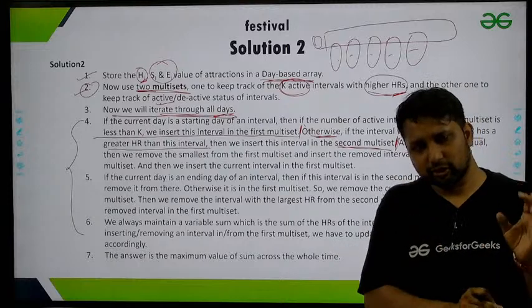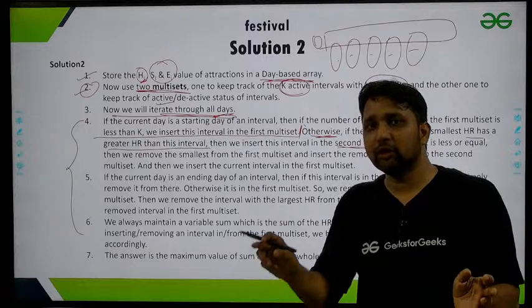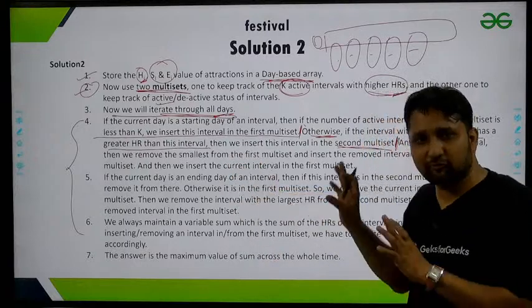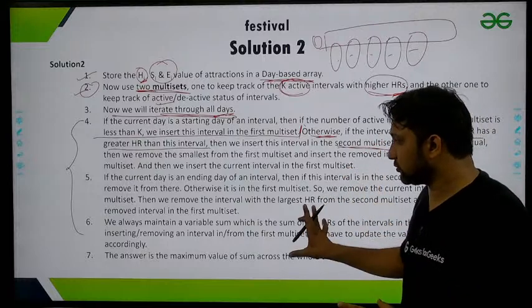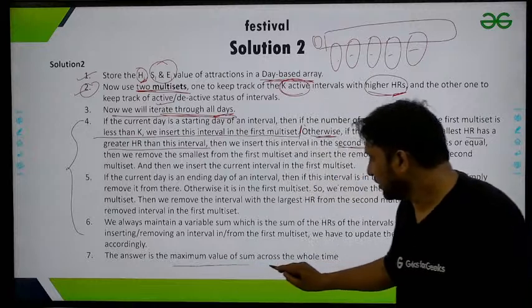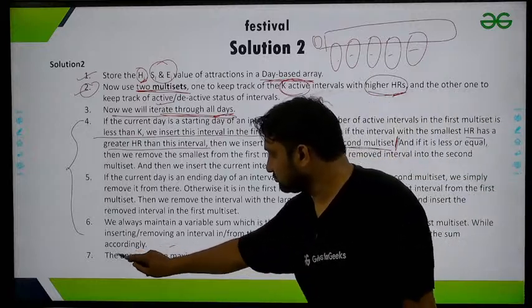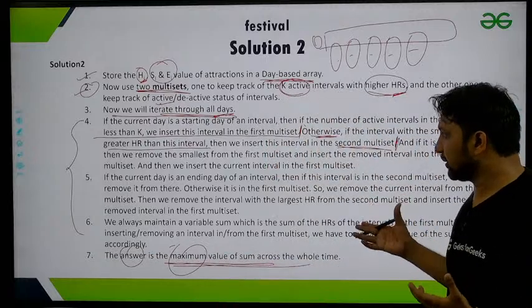Then you will remove the lowest one from the important set and put it into the loose one. This is doing all those steps which we performed in our example. After that, it sums all the results, compares all the days' happiness, and gives the maximum.